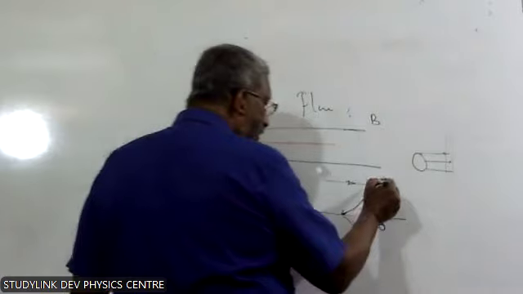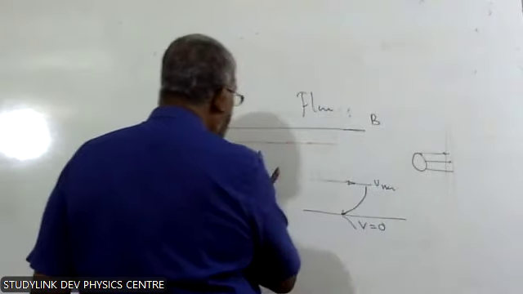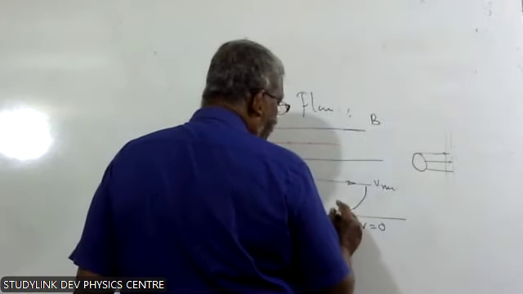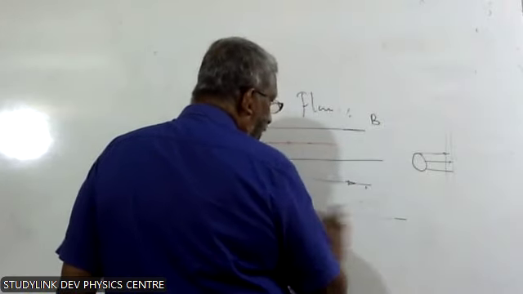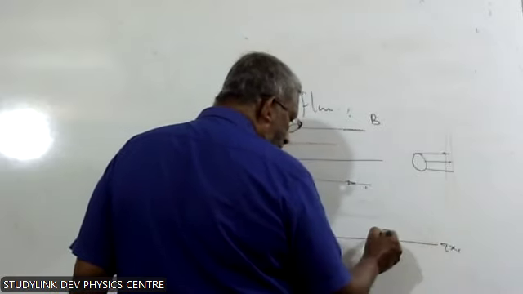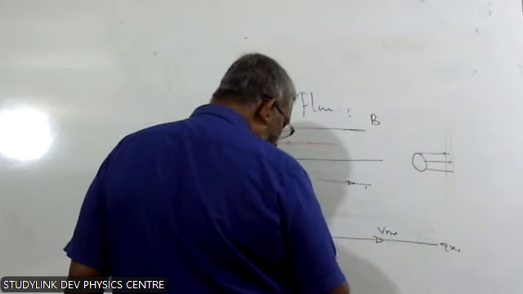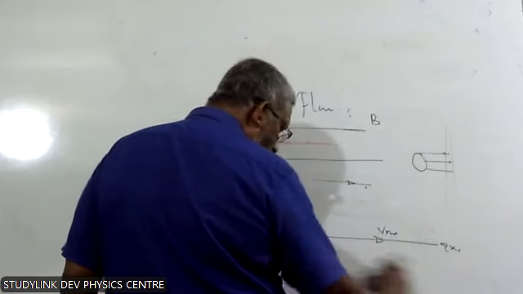Here, V max. I'll draw it somewhere. Here, this is the axis. It has the maximum, V max. From there, the streamline velocity reduces.